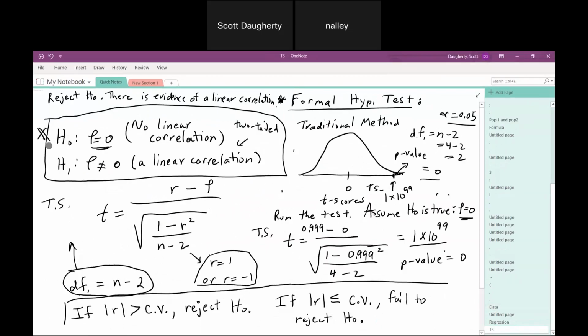So if you reject the null hypothesis, rho is equal to 0, then you're supporting the alternative, which says that rho is not 0. And that indicates that you have a linear correlation, because if it's not 0, then it's either -1 or, well, it doesn't have to be -1 or 1, but we're thinking that it's close to -1 or +1 because it's not close to 0, apparently. And that's what happened, right?